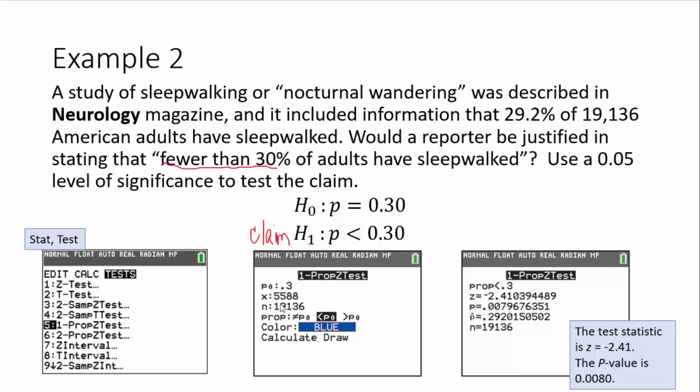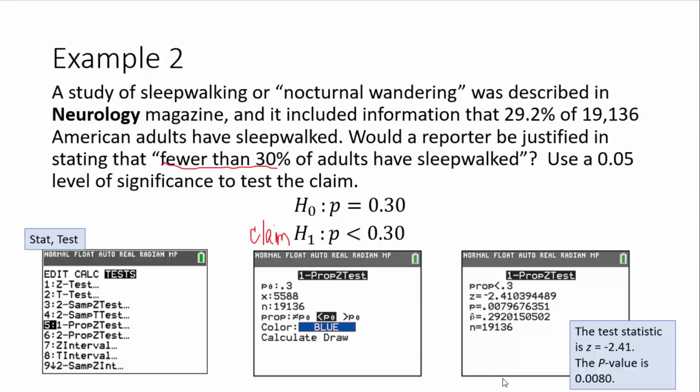Now, if you don't round it off, you're going to get a slightly different answer, but you'd probably get a correct conclusion. But I just moved this to be a whole person then. And that again represents 29.2% of 19,136. Since my claim is that it is less than, I'm actually choosing this left-hand test then.